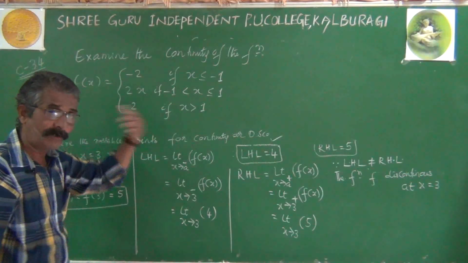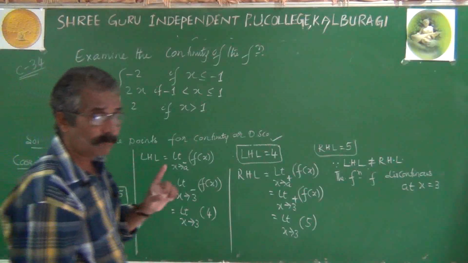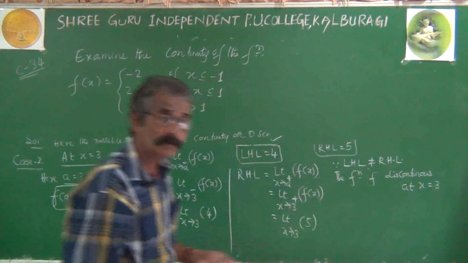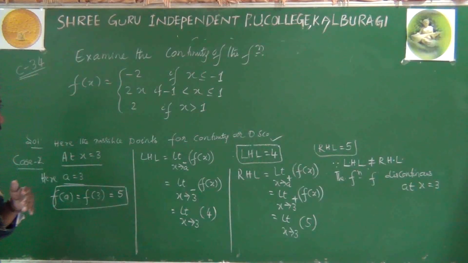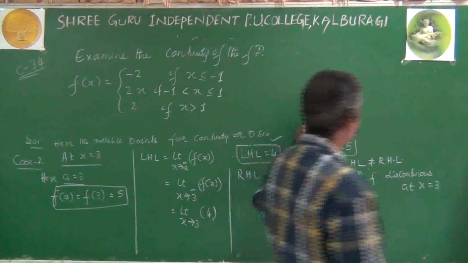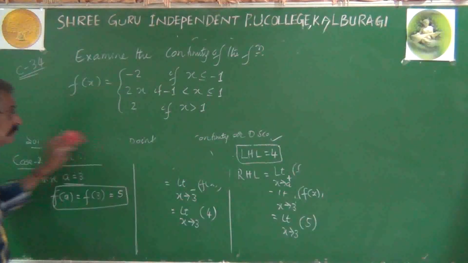Similarly, a chance of finding LHL, RHL for plus 1. That's why our possible points of continuity or discontinuity for this problem are x equal to minus 1 and plus 1. But no other points will be admitted to discuss the continuity of this function.